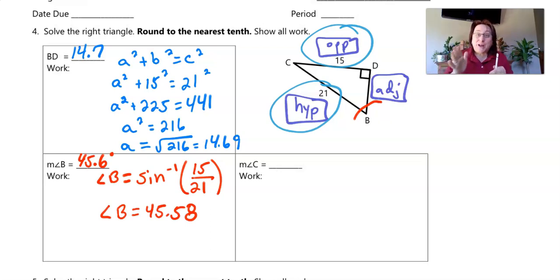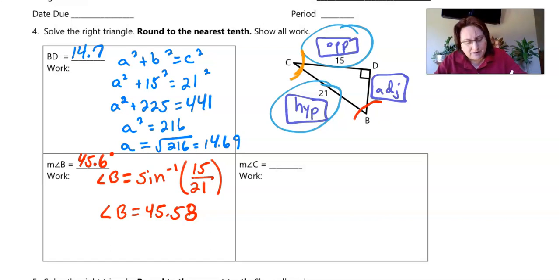Alrighty, so if your calculator was in degrees, then it gave you that angle B was 45.58, which rounds to 45.6 degrees. If you did not get that, check your calculators. Now, guys, we're going to back up, and this time we're going to be looking for angle C. There's a couple different ways that we can solve this.